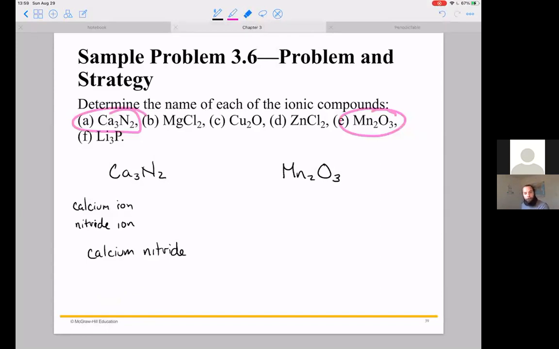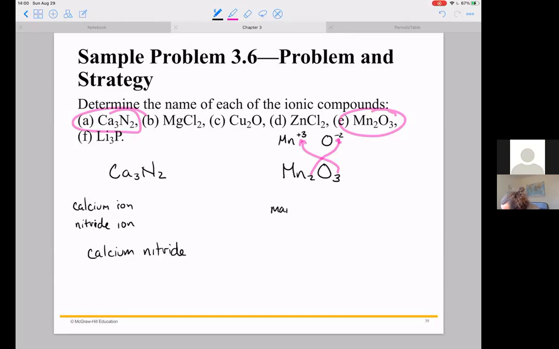I'm going to have to work backwards in order to figure out what the charge on the manganese ion is in this compound, right? Because I'm going to have to indicate it using Roman numerals. So for Mn2O3, I'm going to do the reverse of what we did before. This has a +3 charge, and of course oxygen has a -2.